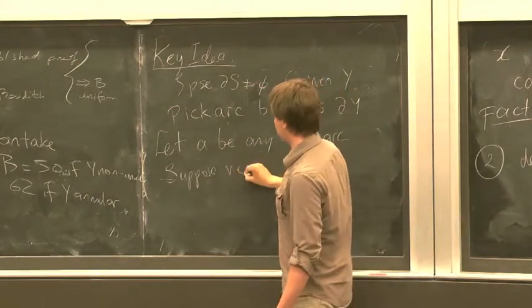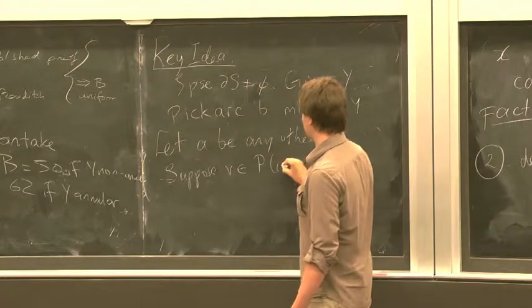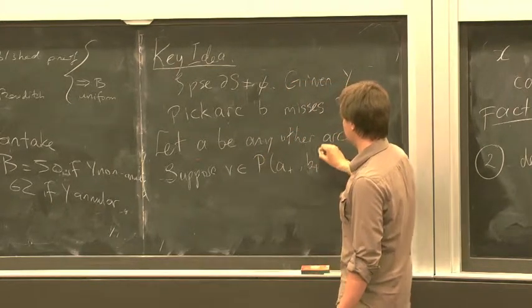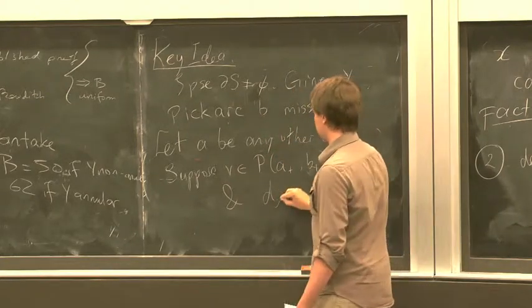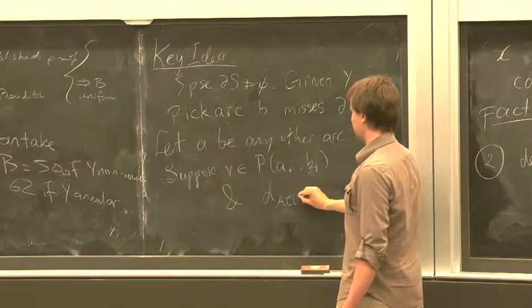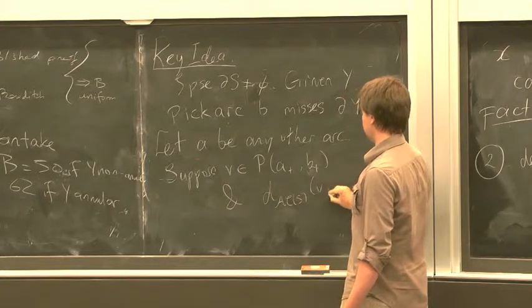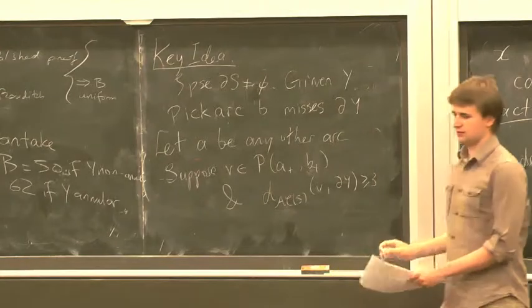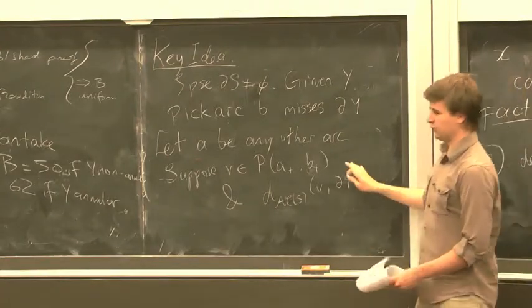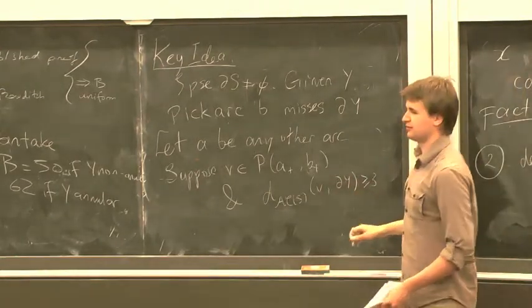So suppose V is a unicorn arc from A to B, and the distance in the arc and curve graph of S between V and the boundary is at least 6. Okay?